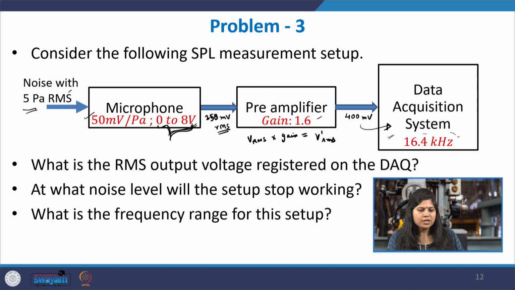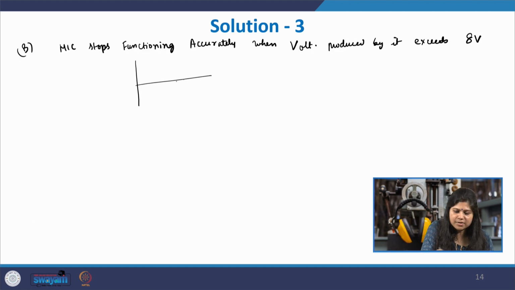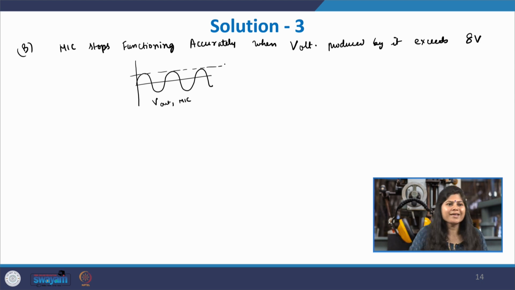So, 8 volts. Now, this is the voltage produced by the mic, the voltage signal. It says that the voltage cannot exceed 8 volts. Which means that it is not the RMS value but the max value.